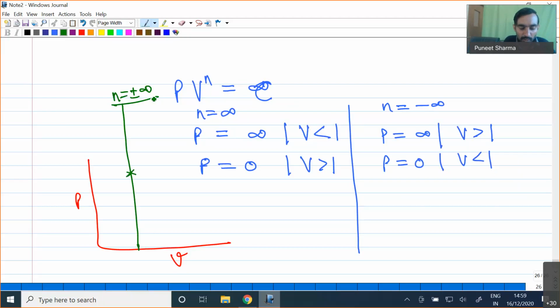So the general statement I am giving, that when n equal to plus minus infinity our process is isochoric, is applicable for all volumes less than and greater than 1. The question was that it is only applicable for volume greater than 1.